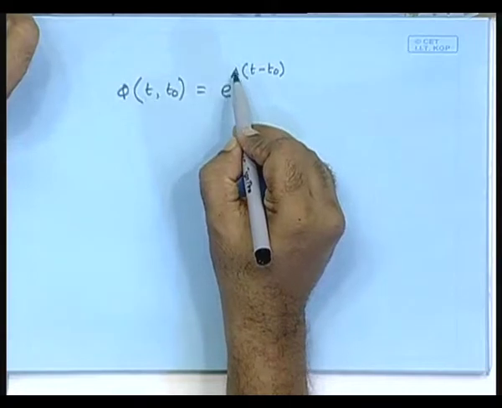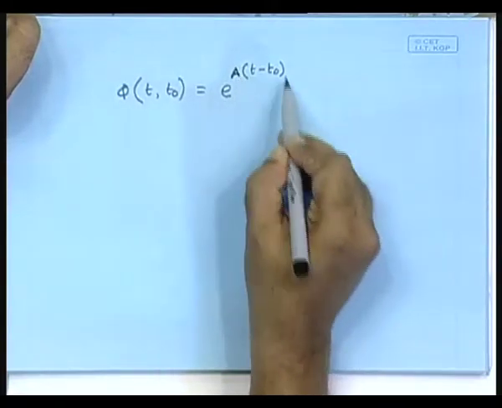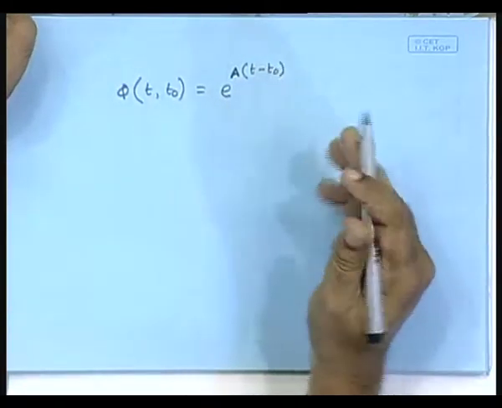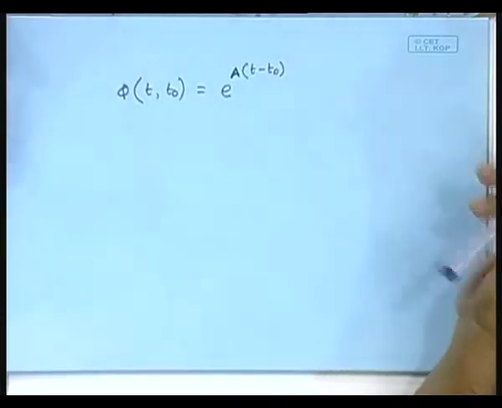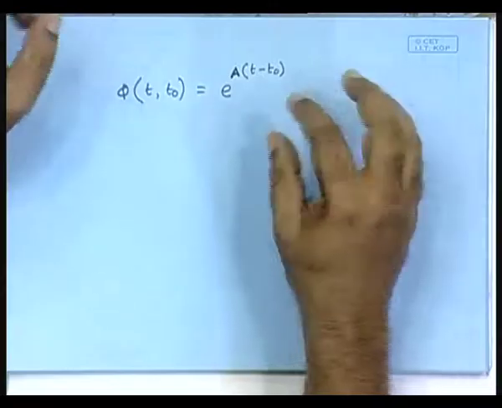Here this A is a matrix, so this is a matrix exponential. I do not have the time to discuss in detail how matrix exponentials are treated here, but this can be found in any standard control theory textbook.